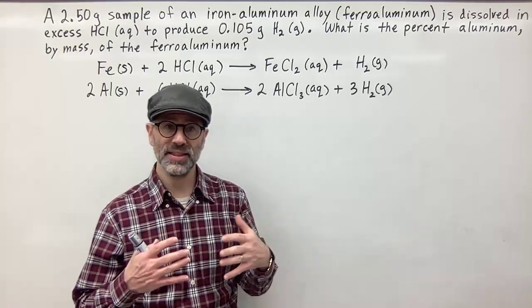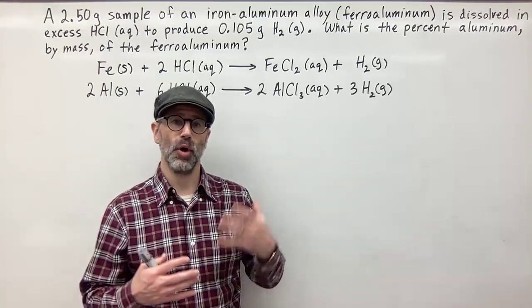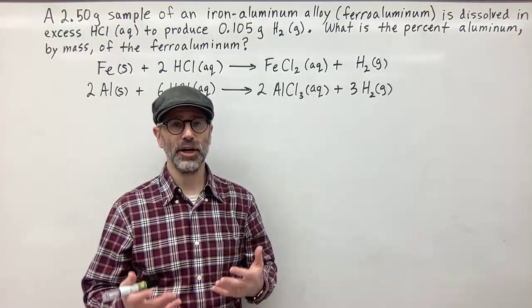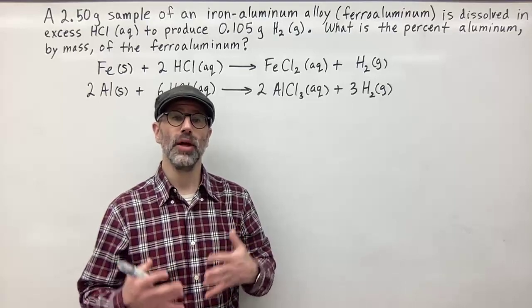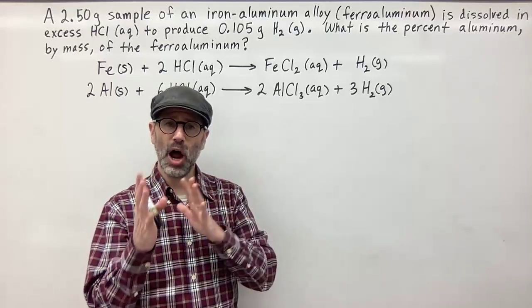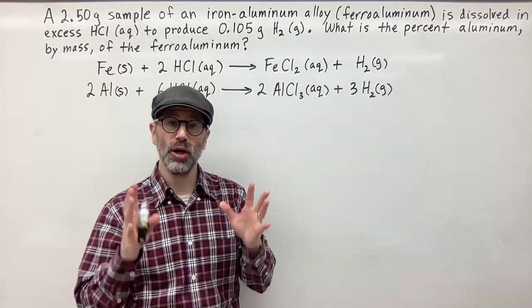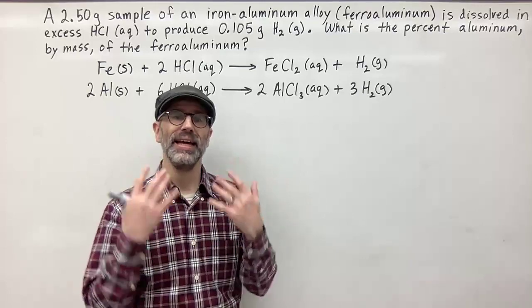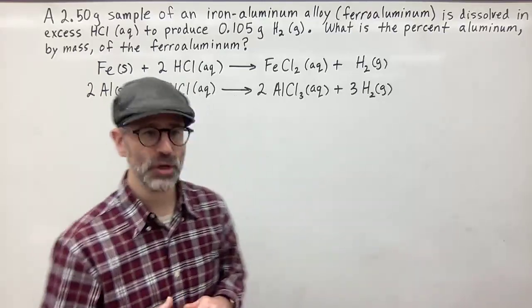That means that the 2.50 grams is made up of both aluminum and iron together, right? And we want to know what the percent of the aluminum is. So we need to know how much of each one, but we don't know how much of each one, but we do know that the two together add up to 2.50 grams. So we can write that as our first equation.